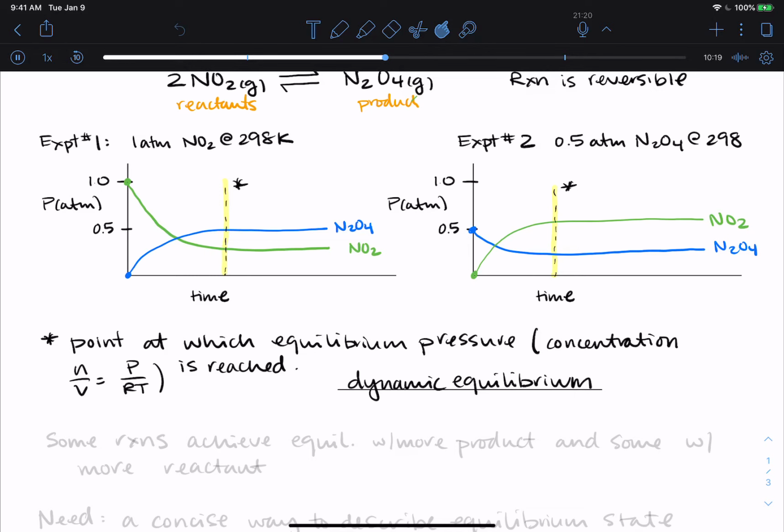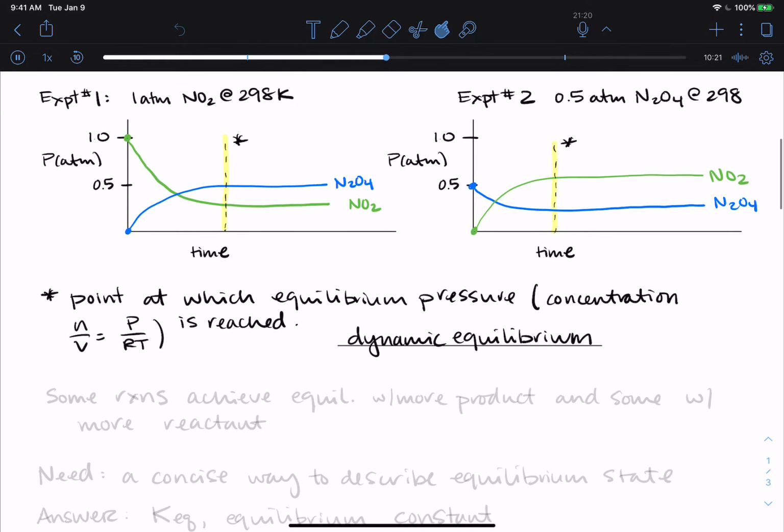So the reaction is still going backward and forward, but because we're doing it one or two molecules at a time, this sort of bulk macroscopic property of pressure or concentration overall doesn't change.